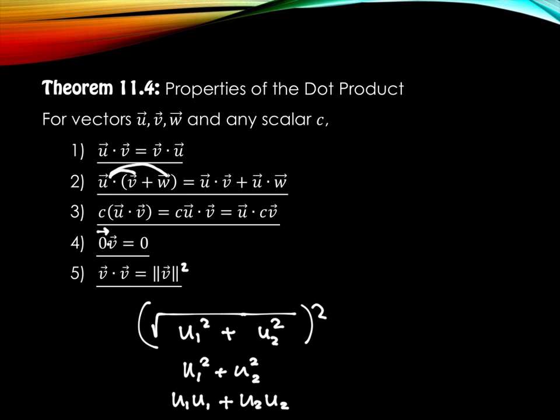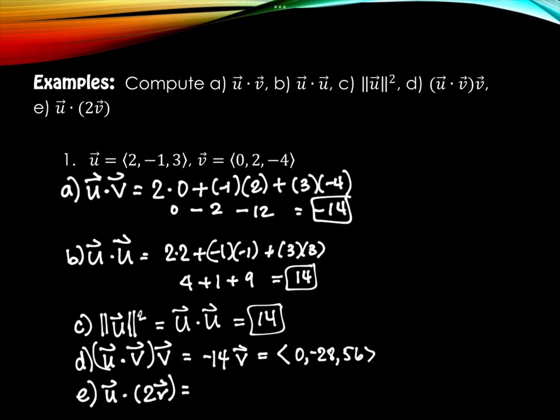That's the third one that's on here, the ability to shift the c into different locations. If I shift the 2 to the beginning, which I'm allowed to do by that property, I'm going to get the same thing. Then I have the u dot v together, and I know what u dot v is. So we're going to use that property to our advantage. I will actually write down the shift that I'm making, but then u dot v is negative 14 times that 2, so I have negative 28.